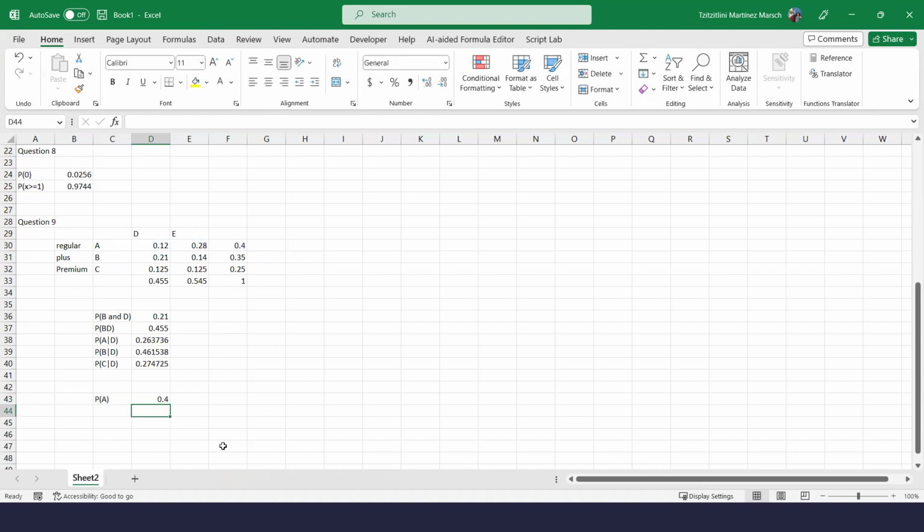And then it says, what's the probability of a gas and the action of filling the tank? So the action of filling the tank is going to be, for example, probability of A given D. And we already know that. The probability of A given D is that one. So are they equal? No, they're not equal.